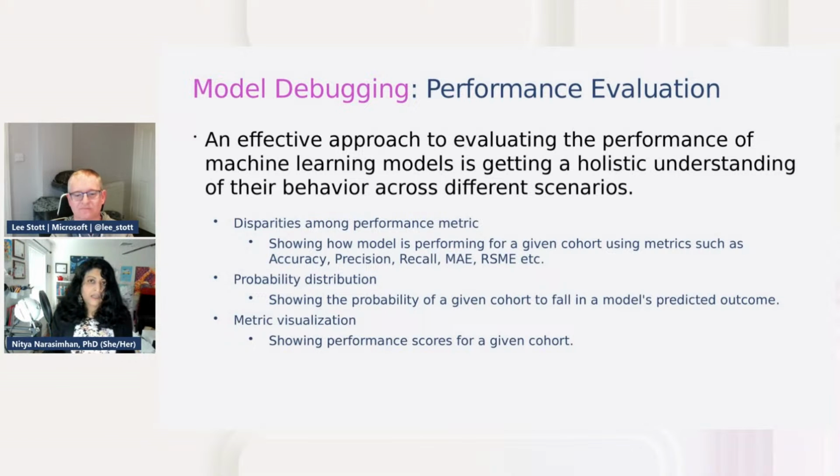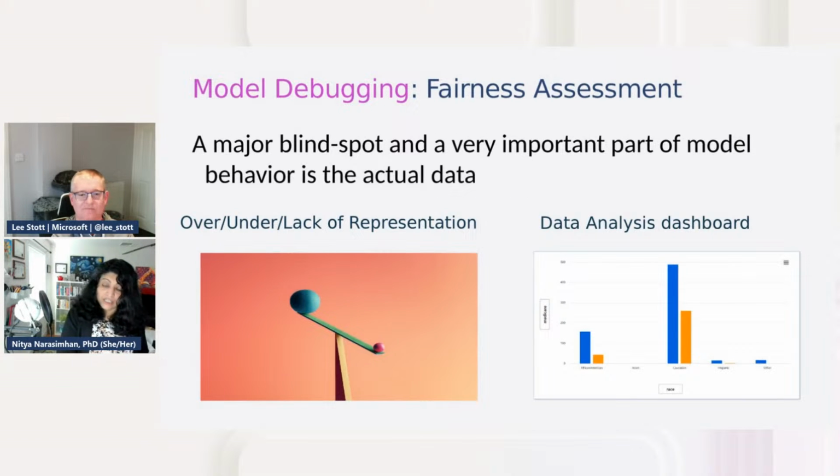Next. Once you've done the model debugging, once you've got your error analysis and you've looked at the data, you're really looking at fairness assessments as one of the critical things for responsible AI. Not only what are the features impacting this distribution of error rates, but do you have blind spots in your data? Is your data over or underrepresenting demographics that are being impacted by the decisions based on that model's prediction?